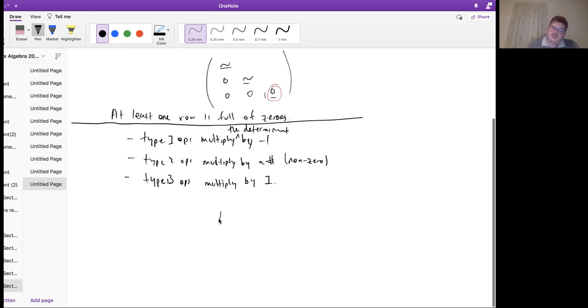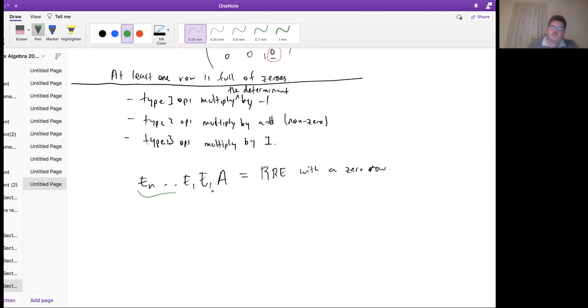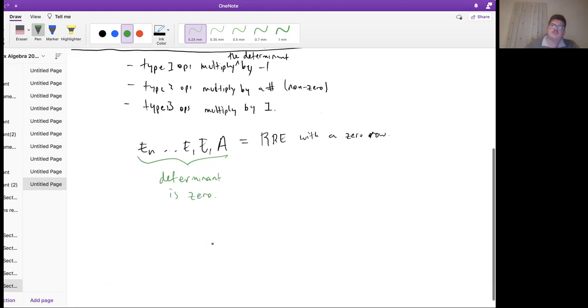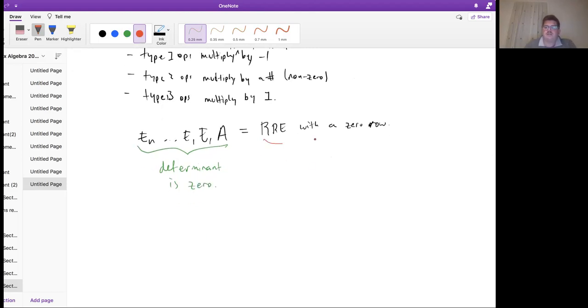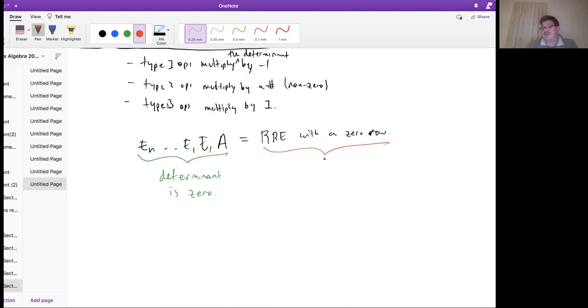If you have a matrix and you do some row operations, and it's equal to reduced row echelon form with a zero row, then you know by what it means to be non-singular that the determinant is 0. And the only way a matrix is singular is if its reduced row echelon form is not identity.